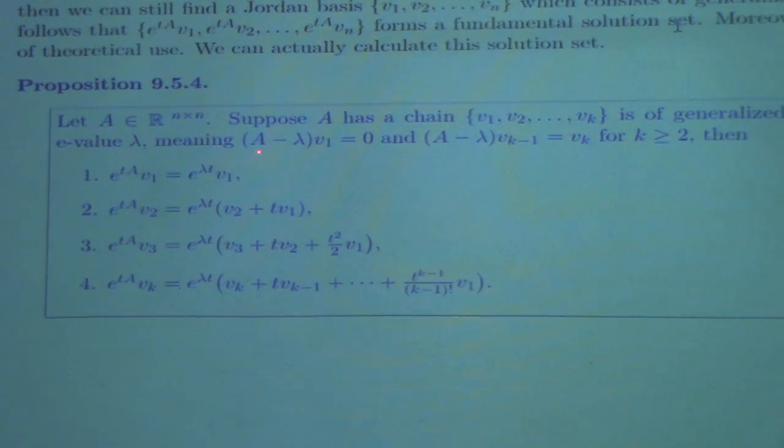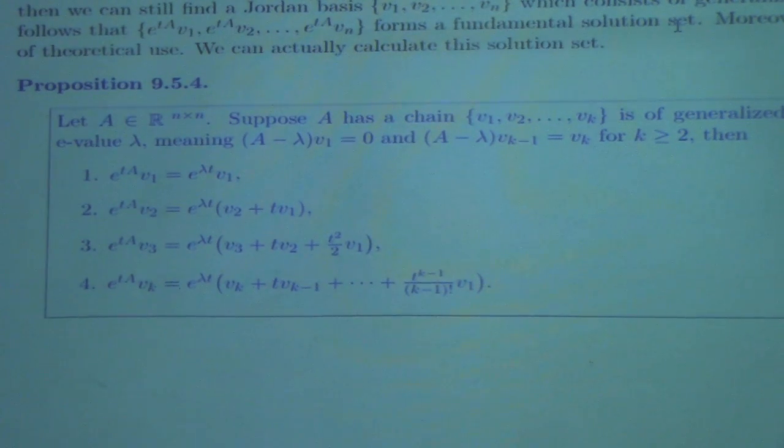So a minus lambda I times v1 is 0. That makes v1 an eigenvector. And of course, these are generalized eigenvectors, right? So vk is the generating one. If I start with this and then I multiply by a minus lambda I repeatedly, I will get vk minus 1, down to v2, and then v1. I'll generate the whole list from the top one. So this is how the eigenvector works. e to the ta times an eigenvector gives me e to lambda t times v1.